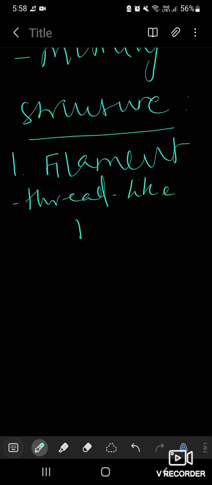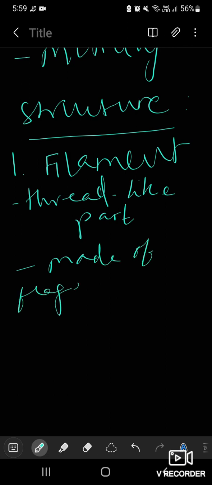Thread-like part extending outside the cell wall. It is made of flagellin protein.